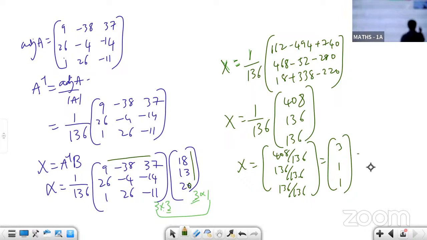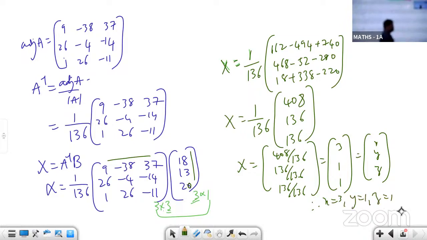So your capital X is what actually? X, Y, Z. So therefore, your X equal to 3, Y equal to 1, Z equal to 1. Either you do Cramer's rule, or you do matrix inversion method, or you do Gauss-Jordan. Still you will get the same answers. Is it clear, everybody? Right.